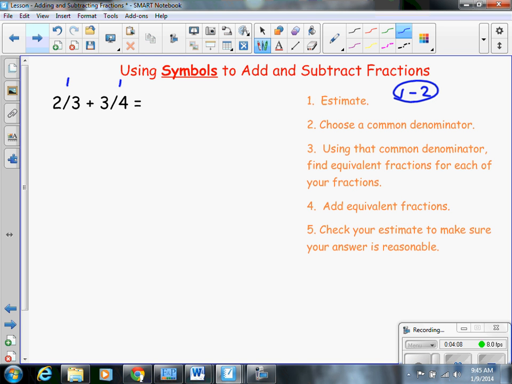So first I need to choose a common denominator. The easiest way to do that is to look at the denominators I have, thirds and fourths, and I can multiply them because I know that both 3 and 4 will go into those. So 3 times 4 is 12.